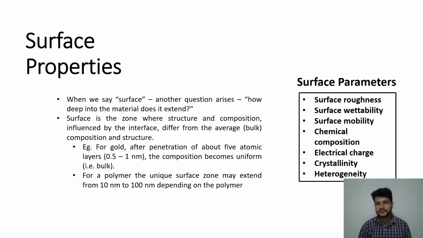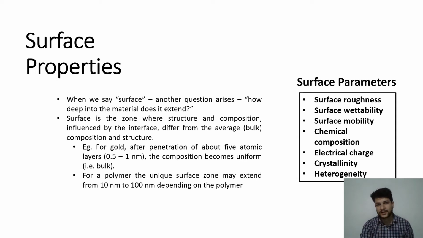like I said, the surface of the material is mobile because the atoms and molecules move from one position to another position. So these are all self-understood terms. For example, surface mobility, chemical composition, electrical charge, crystallinity, heterogeneity.